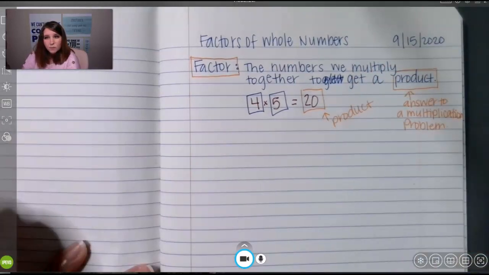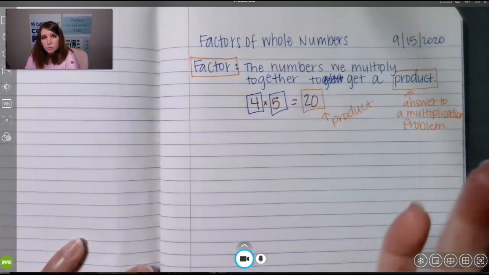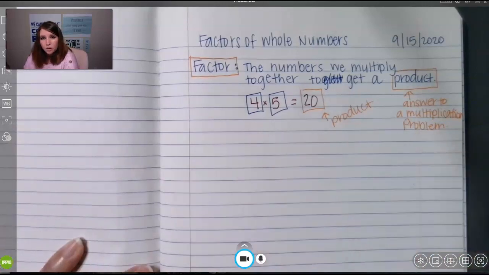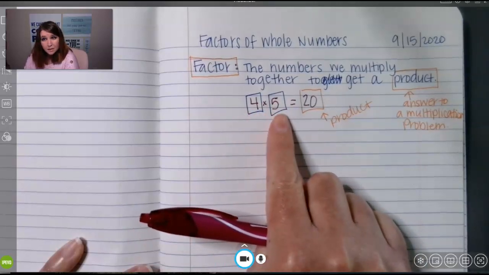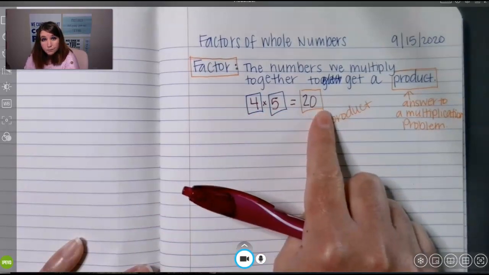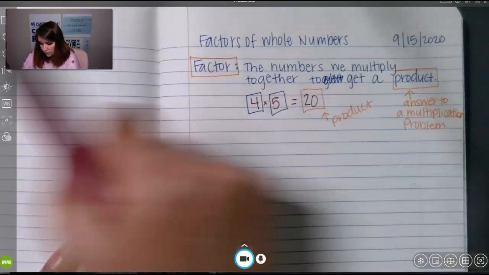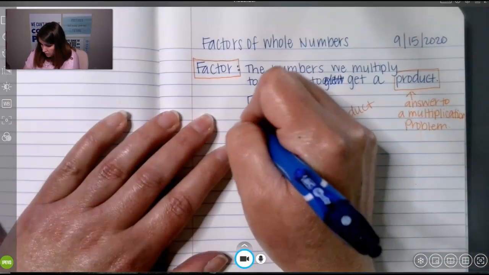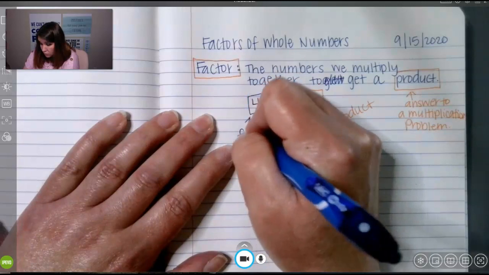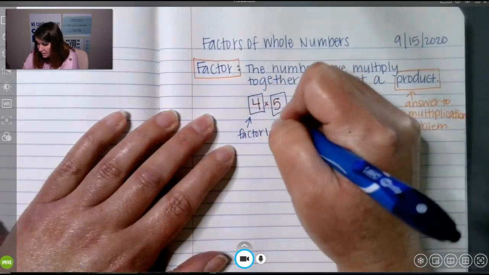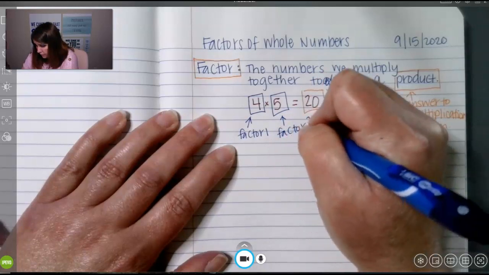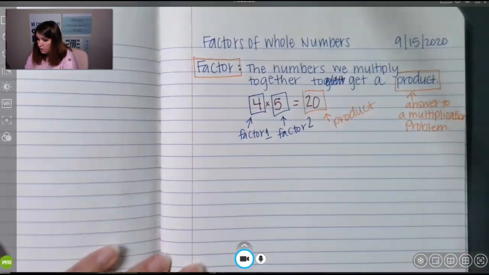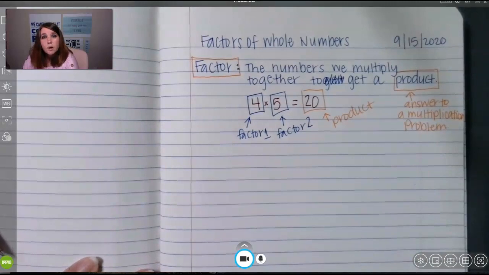That's what we get when we make something, right? A product is when we make something, you get an outcome. So think about you're using these two items to make a multiplication problem, the product. So here we have factor 1, and we have factor number 2. All right, so two factors in this problem.